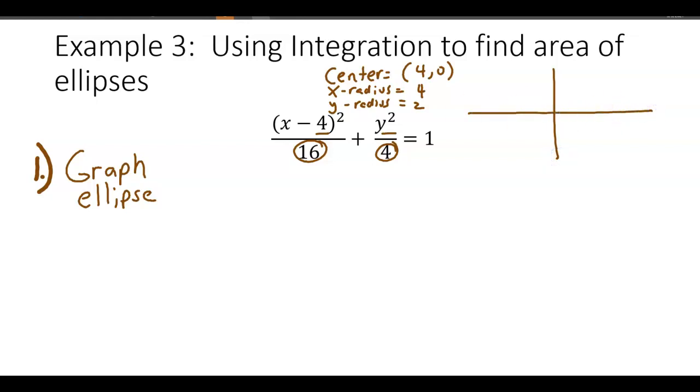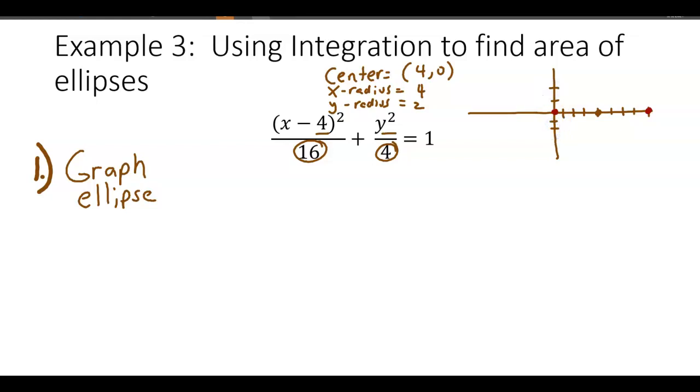I'm going to start at 4, 0. And my x radius is going to be 4. So from the center, I'm going to go out to the right 4 spaces and to the left 4 spaces. And my y radius is going to be up 2 and down 2.